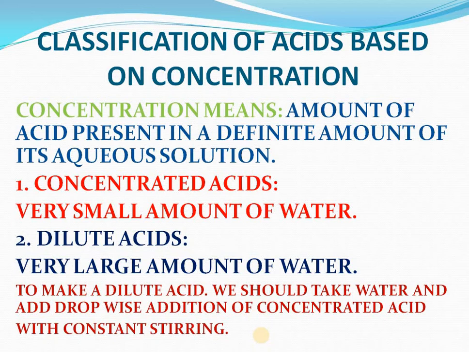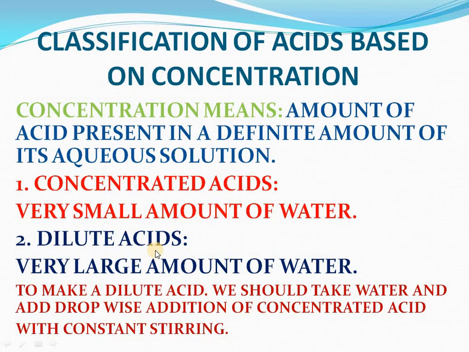Sauce will be highly thick, meaning water is present in less quantity. If I am talking of jam and sauce, then of course jam is more concentrated. Similarly, if acid present is more, that is called concentrated acid. If water present is less, it is also known as concentrated. If water present is more, it's called dilute acid.